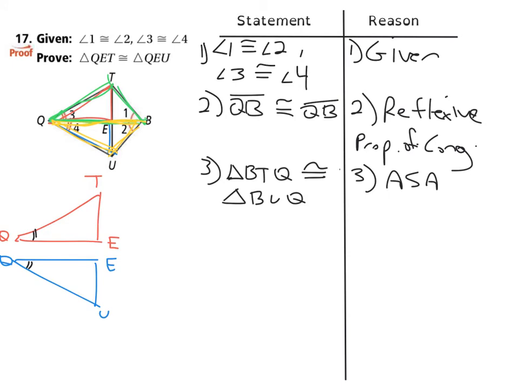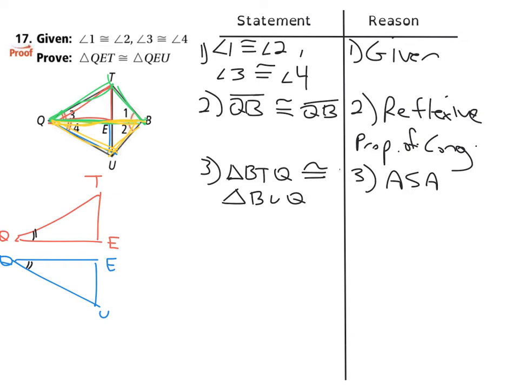Okay? How does that help us? What we're trying to establish here is that this side is congruent to that side, because the triangles we're trying to prove, these down here in the red and blue, they also have those sides, here to there to there. So we can actually state that.